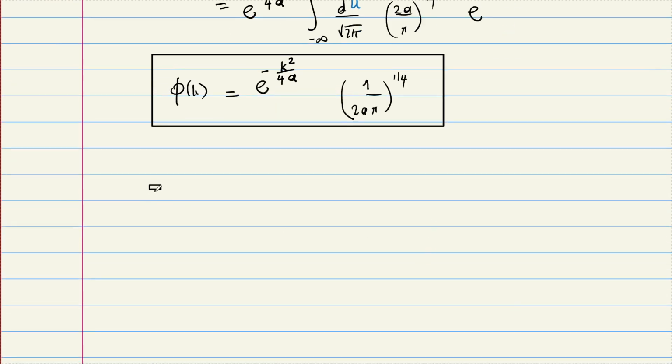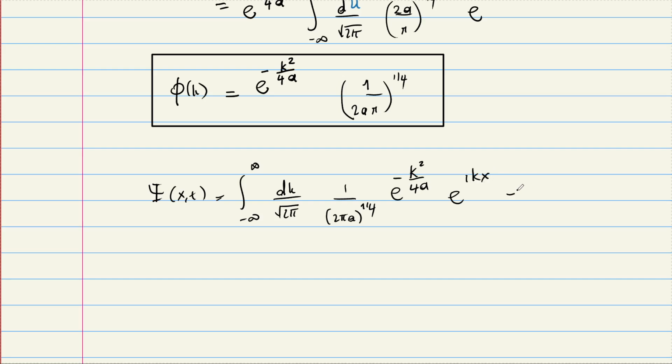Like psi of x comma t is the integral from minus infinity to plus infinity dk over root 2 pi phi of k, which is 1 over 2 pi a to the 1 over 4, e to the minus k squared over 4a, e to the ikx, and e to the minus i h bar squared k squared over 2m times t.